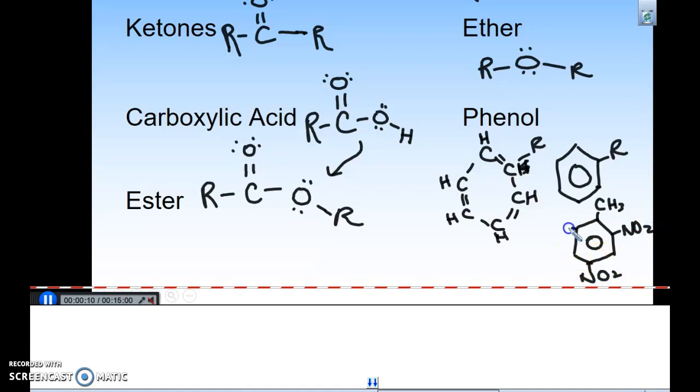So that's trinitrotoluene, TNT. And if you just take this off and replace it with an OH, you have something called picric acid, which actually can form from those explosive peroxides up here. Certain peroxides can form explosive phenols.